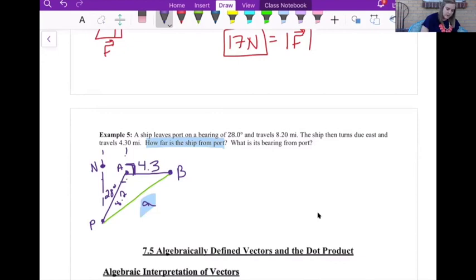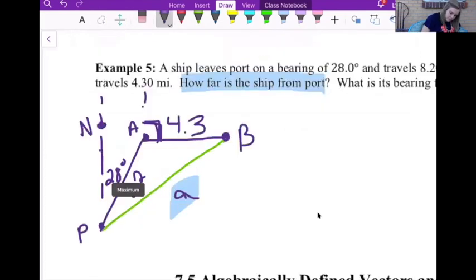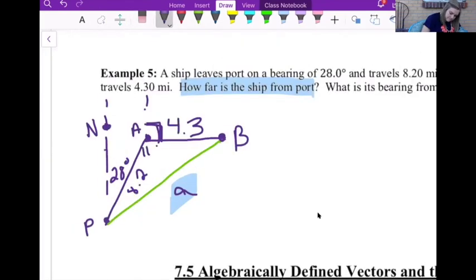So if we take 28 plus 90, we would get 118. And so we have a side-angle-side situation, and we want the third side.